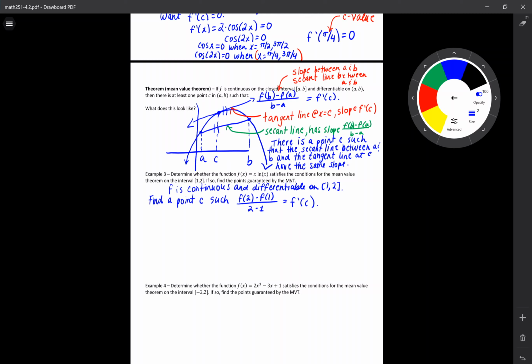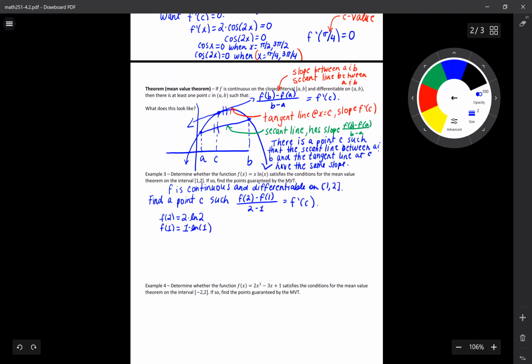My b value is 2, my a value is 1. So this is what we're looking for. I first need to figure out what this left-hand side is. So let's find f of 2 and f of 1. f of 2 is equal to 2 times the natural log of 2, and f of 1 is equal to 1 times the natural log of 1.